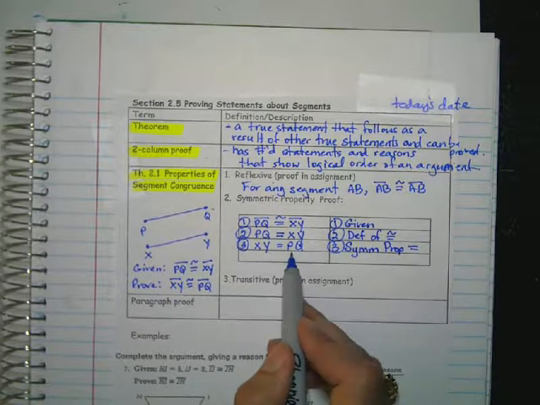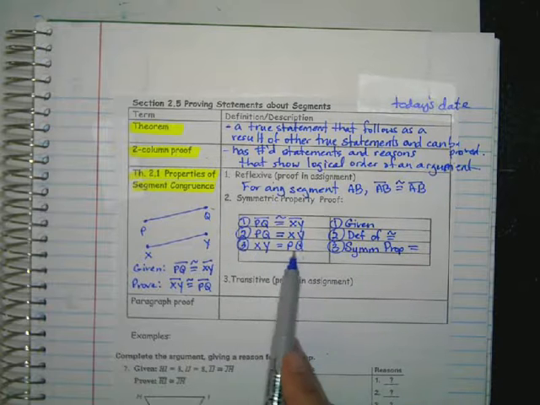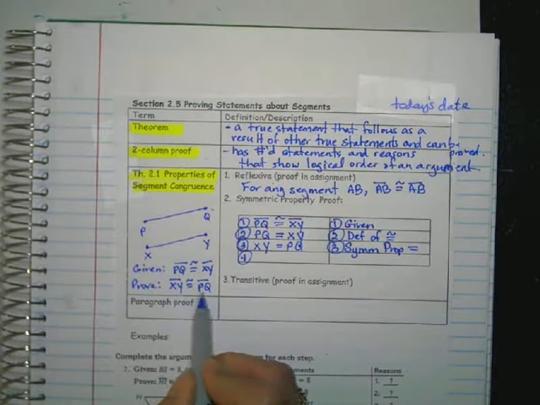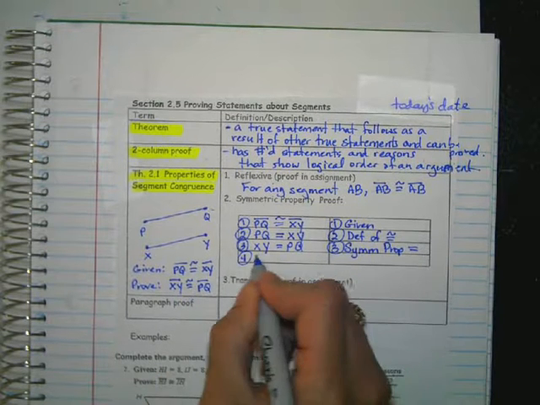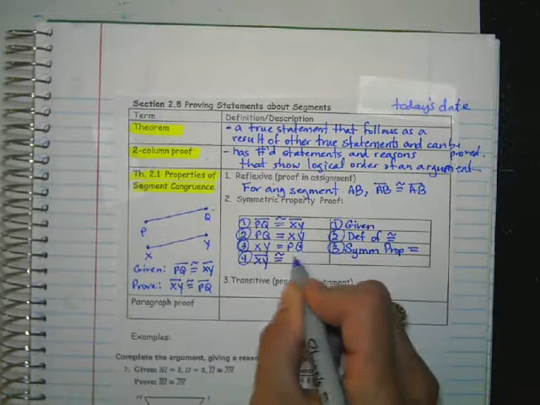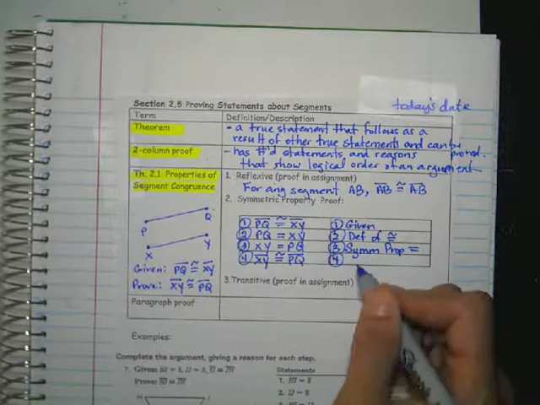Well, if XY is equal to PQ, then I have proven what I set out to prove right down here: line segment XY is congruent to line segment PQ. And the reasoning there is, again, definition of congruence.